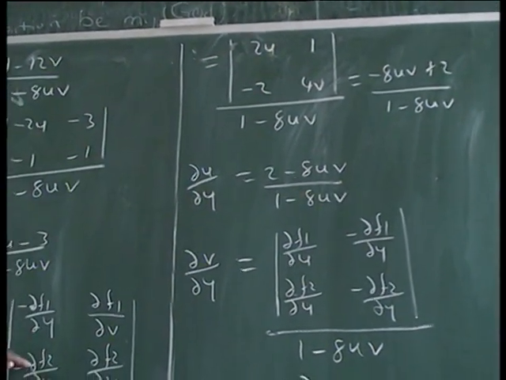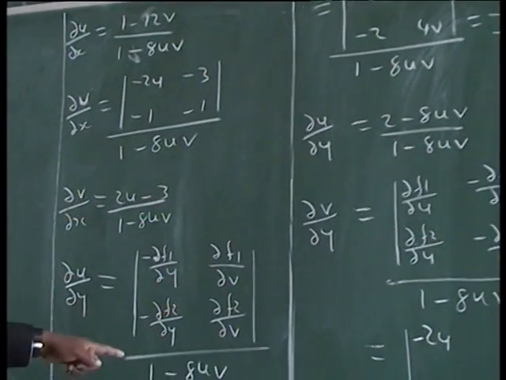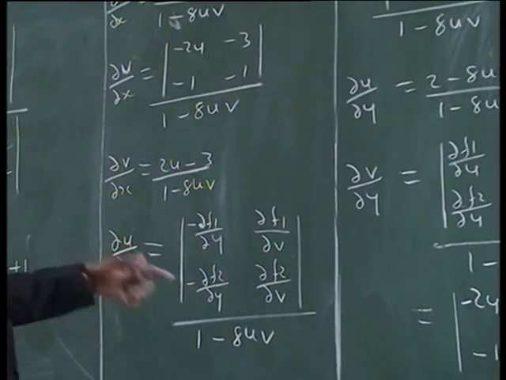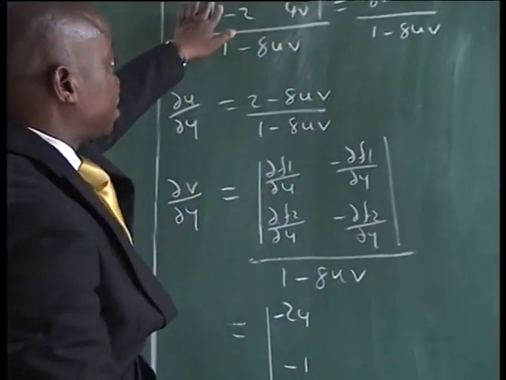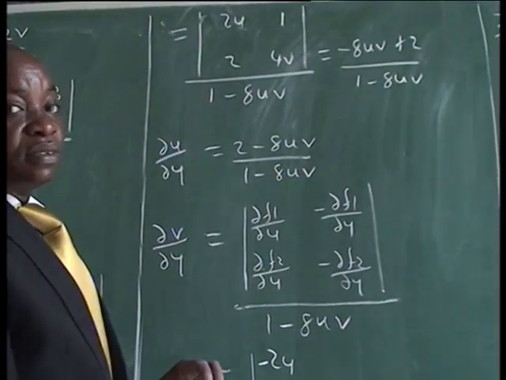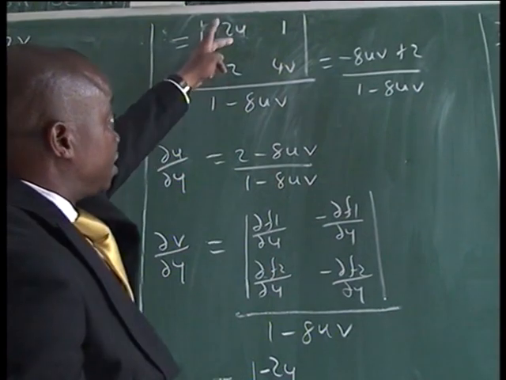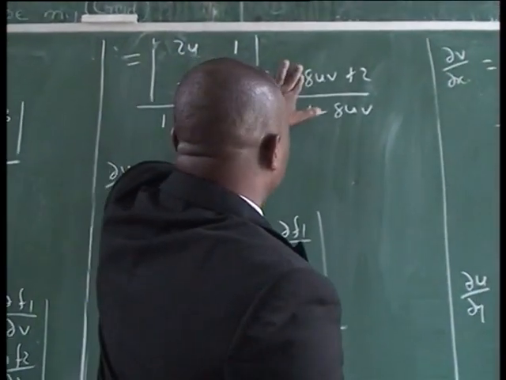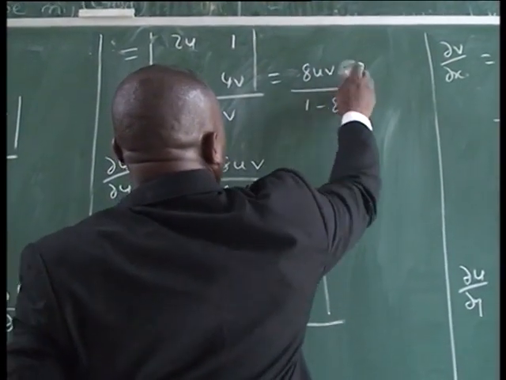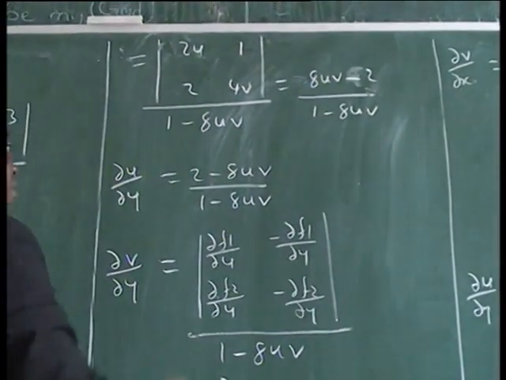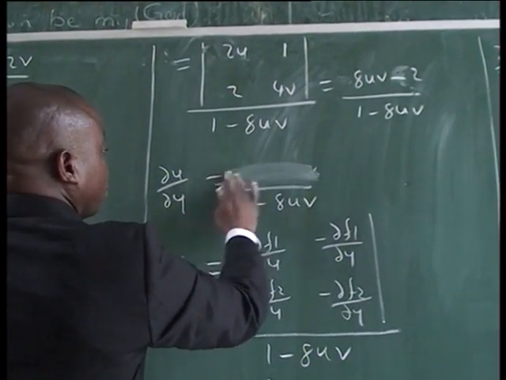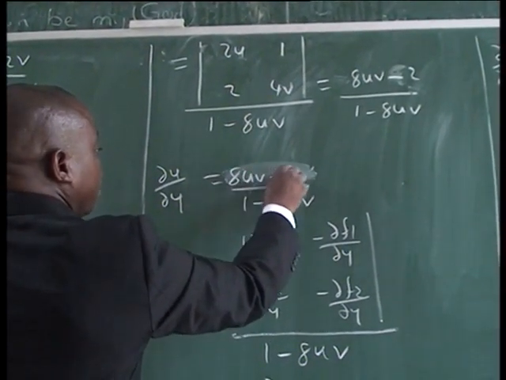And when we come to partial f2 partial y, it is minus 2, so because of the minus that is already there, here will be plus. And that is how this times this will become 8uv minus 2. Correct. Very good. 8uv minus 2. That is what we have here.